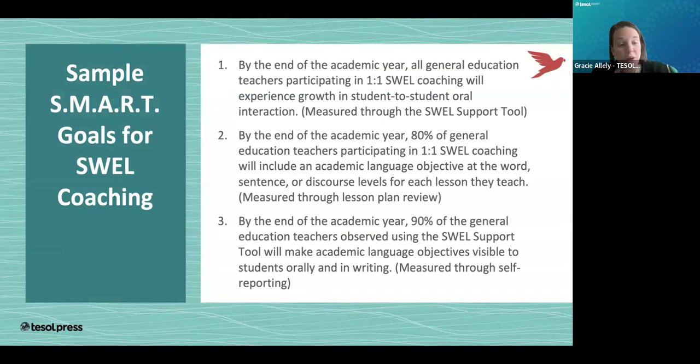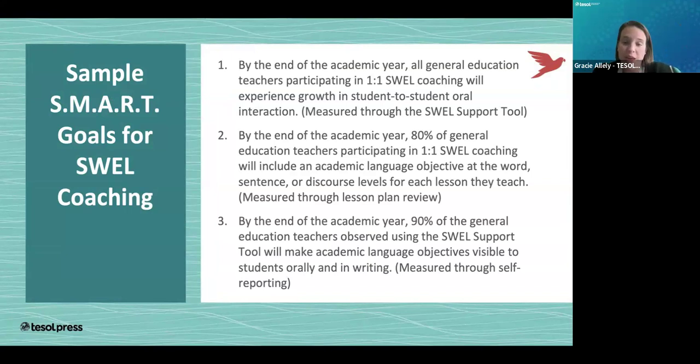Some of the sample SMART goals for SWELL coaching that have been made: first example, by the end of the academic year, all general education teachers participating in one-on-one SWELL coaching will experience growth in student-to-student oral interaction, measured by the SWELL support tool.